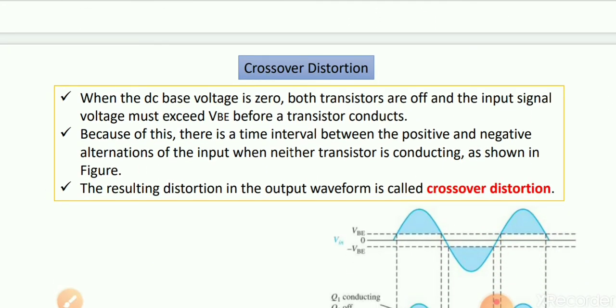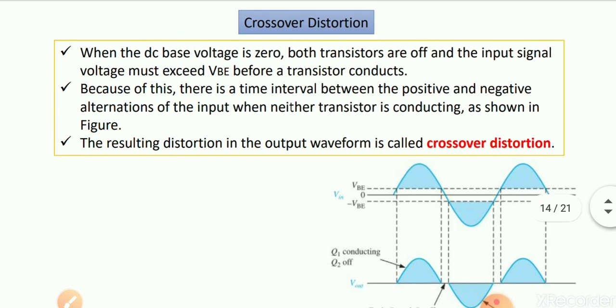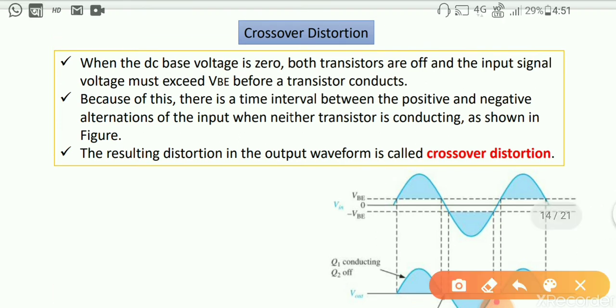When the DC base voltage is 0, both transistors are cut off, and the input signal voltage must exceed VB before a transistor conducts. That means in this region, if Vin is coming above that, after that you get the output for one transistor.